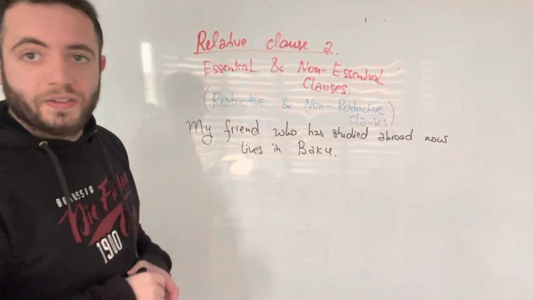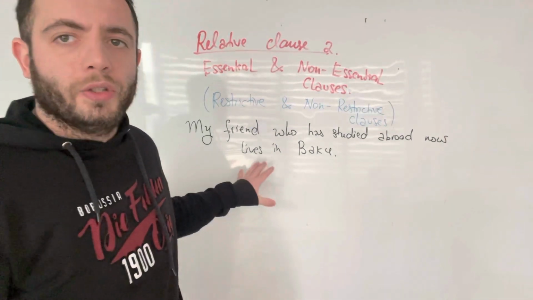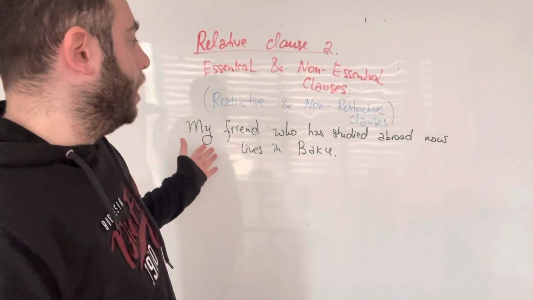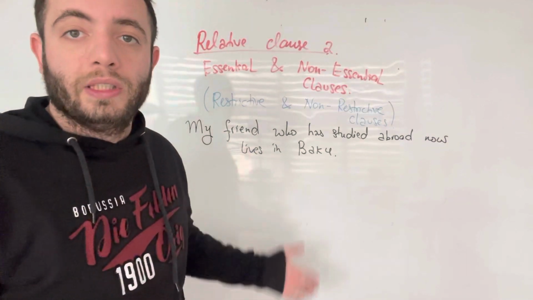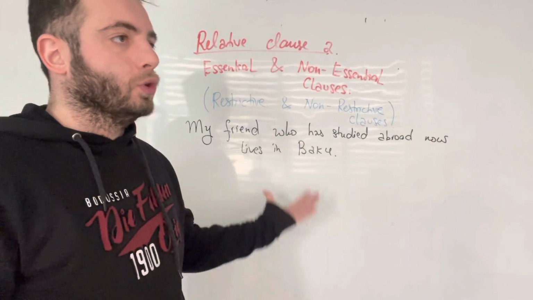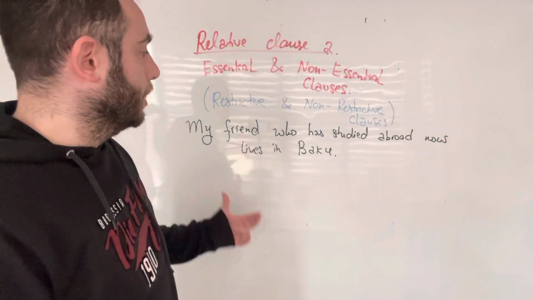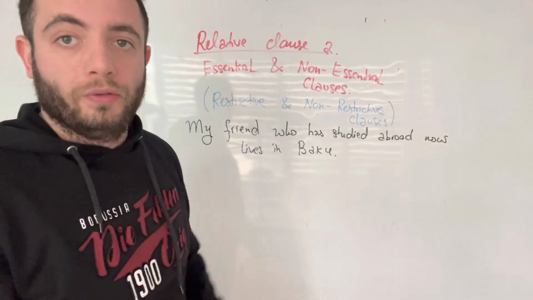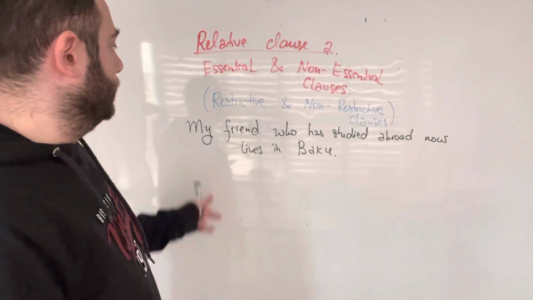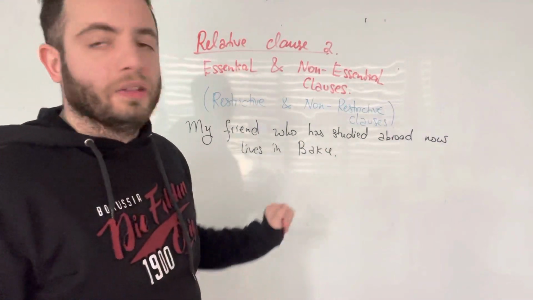Let's analyze this sentence. Imagine you are in an interview and they ask a question about somebody, for example, your friend or somebody you know, who has studied or has experience abroad and lives in your country, in Baku, for example, and you just talk about that person, giving detailed information.